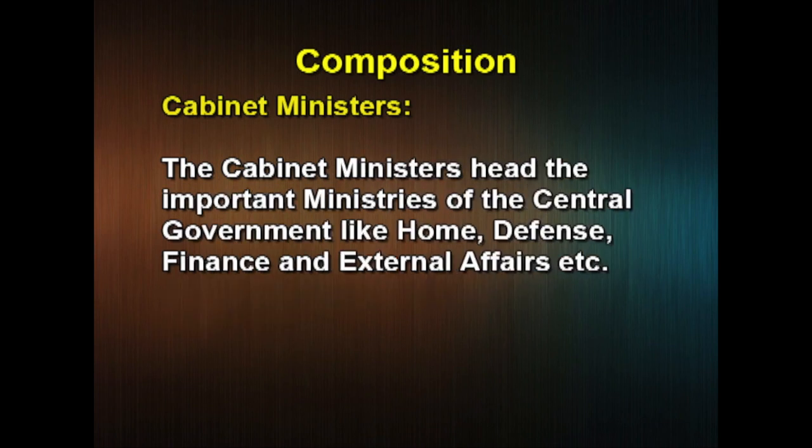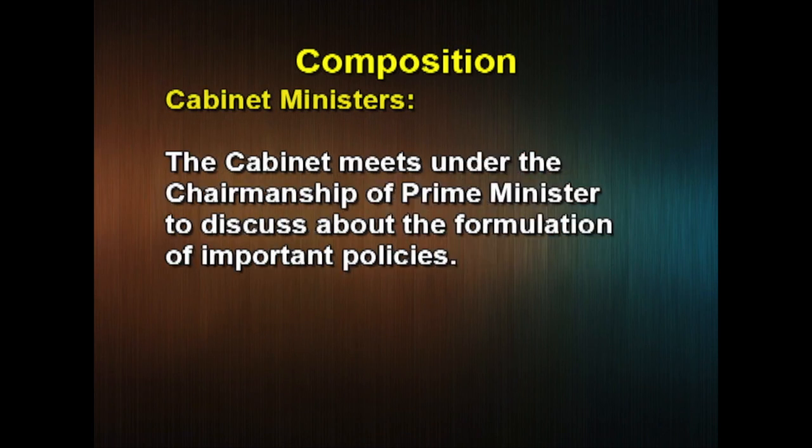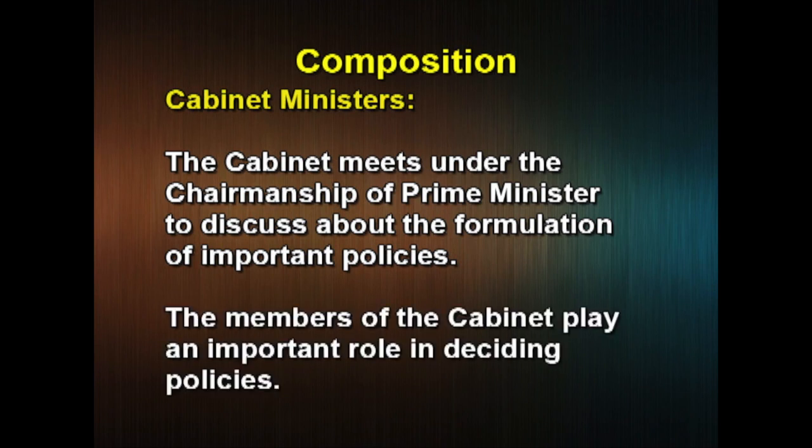The Cabinet Ministers head the important ministries of the central government like Home, Defence, Finance, and External Affairs, etc. The Cabinet meets under the chairmanship of the Prime Minister to discuss the formulation of important policies. The members of the Cabinet play an important role in deciding policies. Thus, their responsibilities extend over the entire gamut of central government.